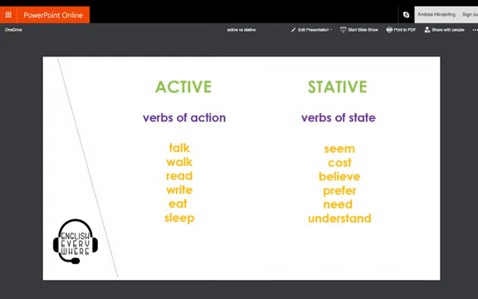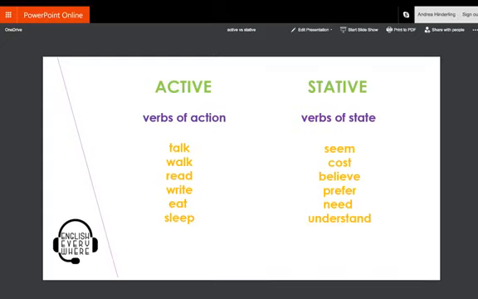That means that these verbs are not used in the continuous form. Okay? So you would never hear someone say, "Oh yeah, I am understanding you." No. Okay? And you would never hear someone say, "My new car is costing $20,000." No. Never in the continuous.